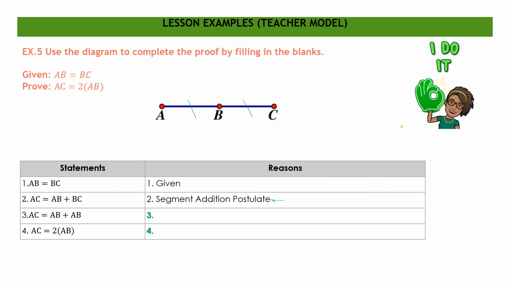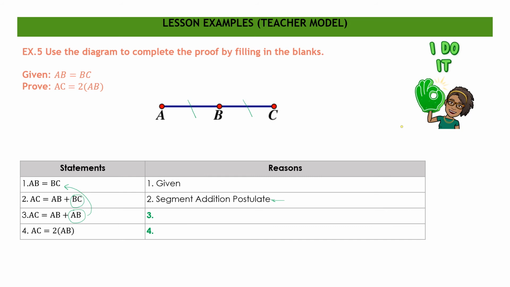The third statement says that segment AC is equal to segment AB plus AB. So let's think about this. Why would they replace segment BC with segment AB? Well, within a proof, we always look at the statements and reasons preceding it. So if we go back to statement 1, it told us in the given that segment AB is equal to segment BC.